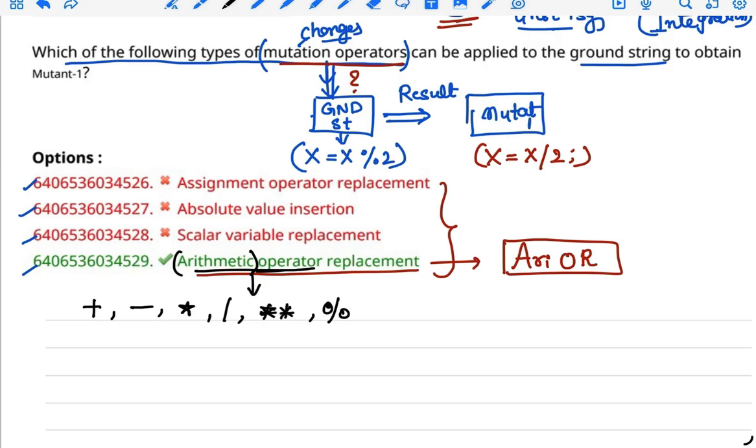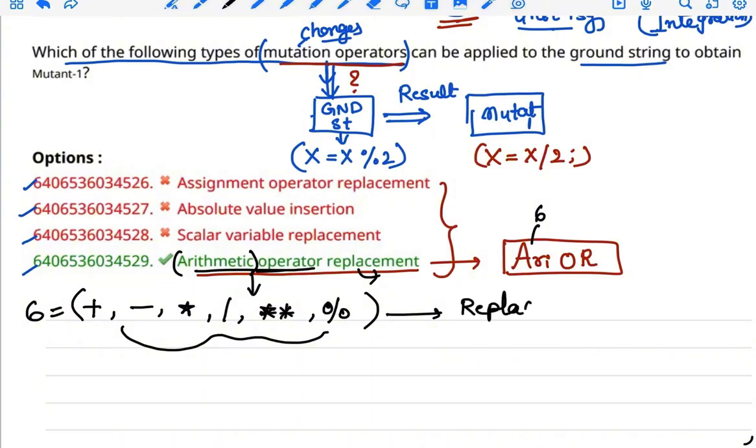You can remember 6 arithmetic operators. Replacement means all these are replaced by each of the other operators.